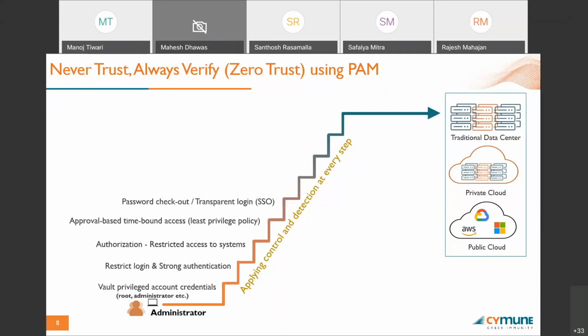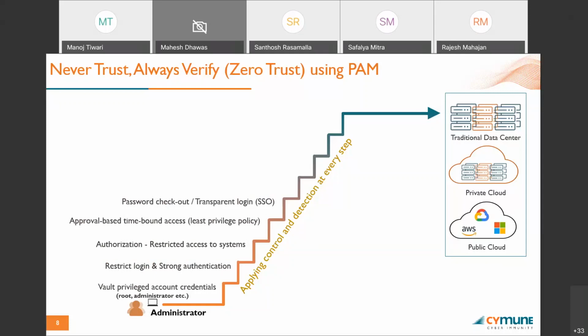And after that, once he is able to access any device, I will not show him the password of that device, right? I can also have single sign-on going where, once he's authorized and has taken the approval for accessing the system, I will just allow him direct access without showing him the password.